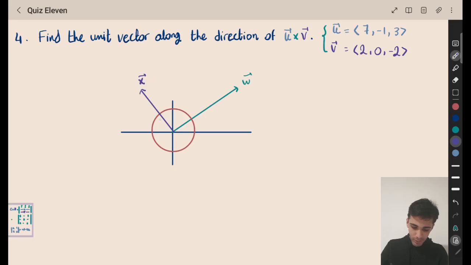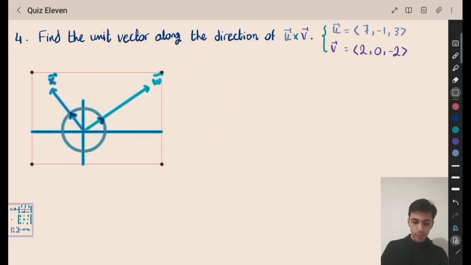I can take this vector and I can scale it down to the unit vector. I think this is significant. So it's like I just cut it down, I shrink it down. And how do I shrink it down to the unit length? So this should be interesting.